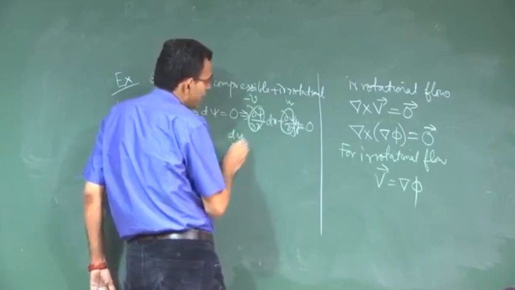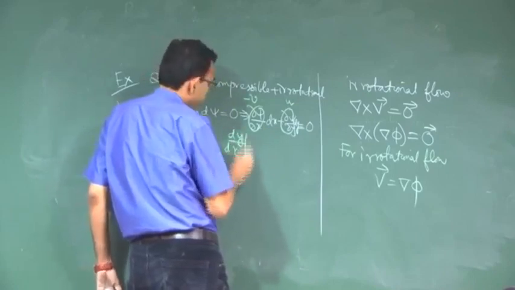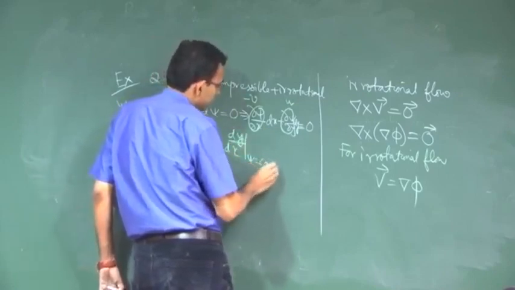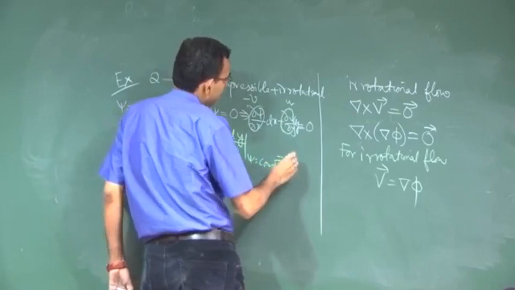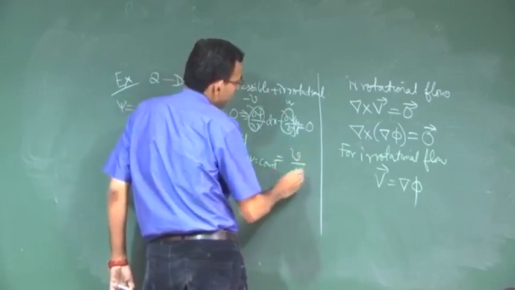So, dy dx for psi equal to constant is equal to v by u.